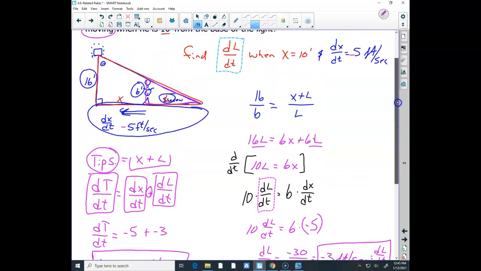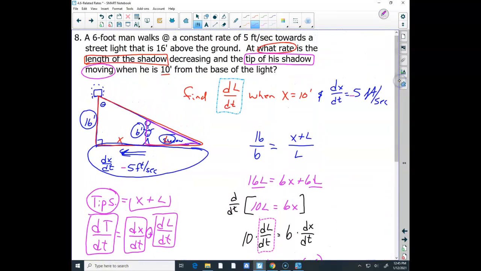Now notice, they never really made me use the 10 anywhere, did they? They didn't have to plug that 10 in anywhere that I can think of.